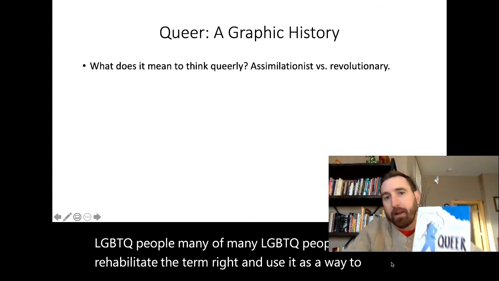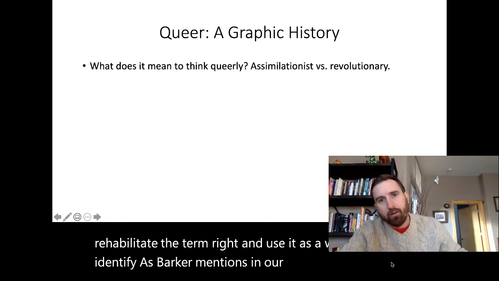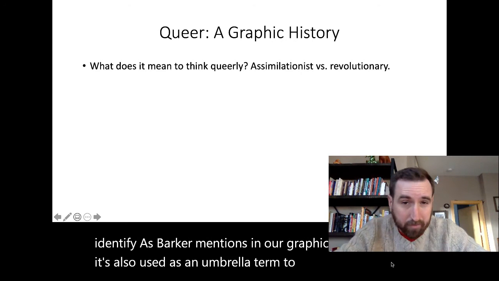As Barker mentions in our graphic history here, it's also used as an umbrella term to encompass LGBTQ plus people.